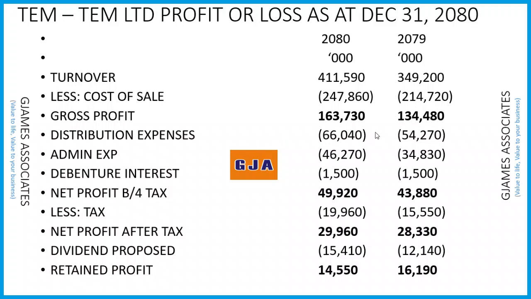The distribution expense, admin expense for 2080, for 2079. These are operating expense in this question now. So what we need to do is to add up 66 and 46, admin expense and distribution expense, for us to get our operating expense.